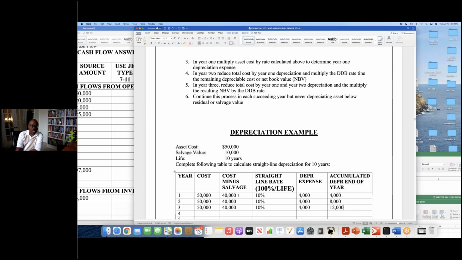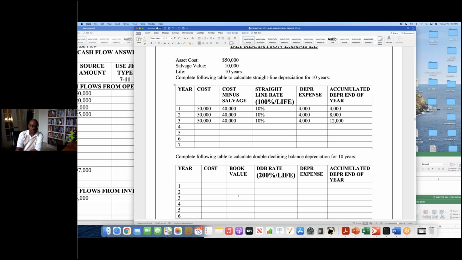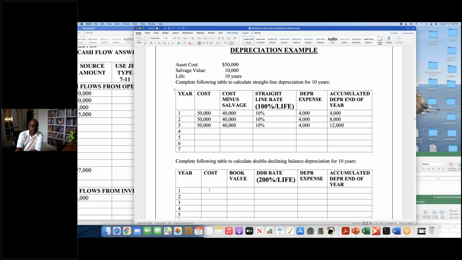So if we had the same problem, we're doing DDB, we start off with 50,000. We hadn't had any prior year depreciation, so the book value stays at 50,000. Now, the rate is going to be 200% divided by the life, so it's going to be 20%.